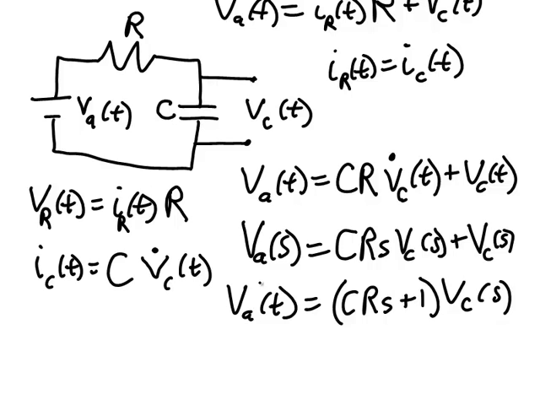Now I'm going to divide both sides of the equation by V applied, since that's my input, and I want to get the input in the denominator over here. I'm also going to divide both sides of the equation by this term to get it on the other side of the equation. Oops, this is supposed to be a function of s, not of t.